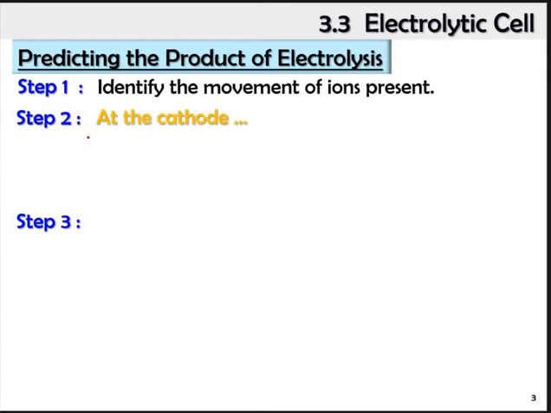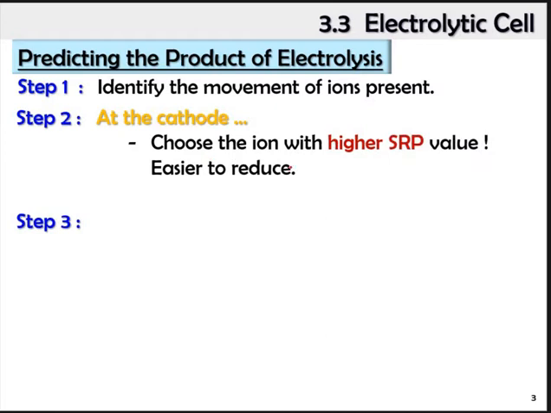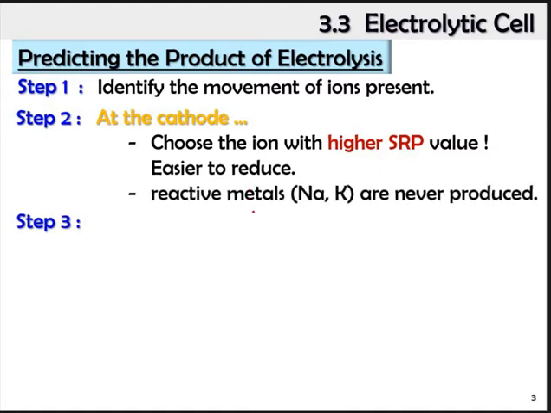Okay, step 1. Identify the movement of ions present. Step 2. At the cathode, choose the ion with higher SRP value. Okay, it is easier to reduce. Reactive metals such as sodium, potassium are never produced.